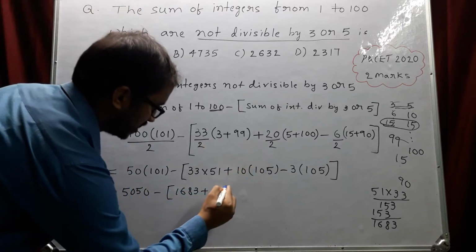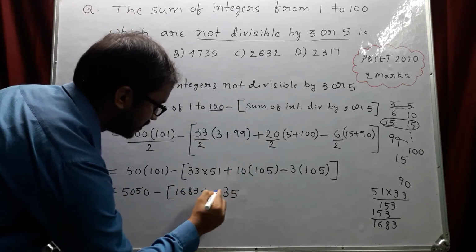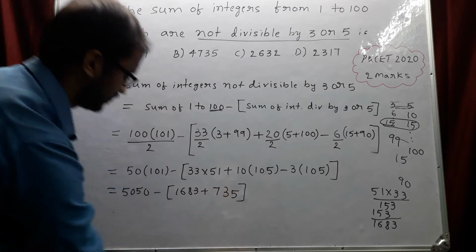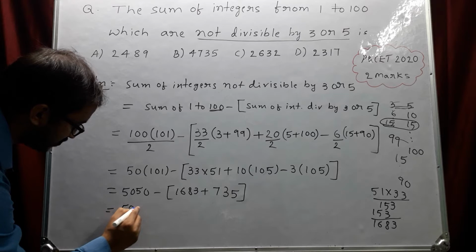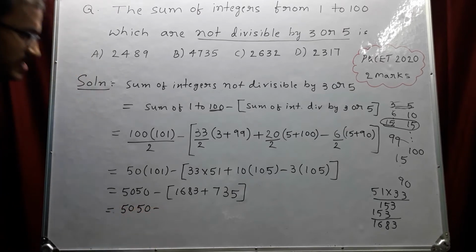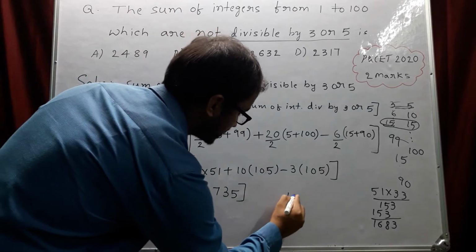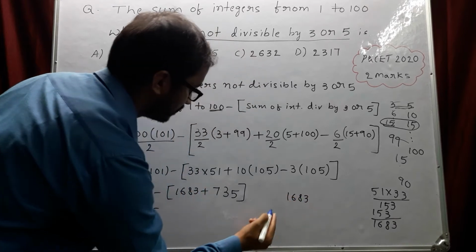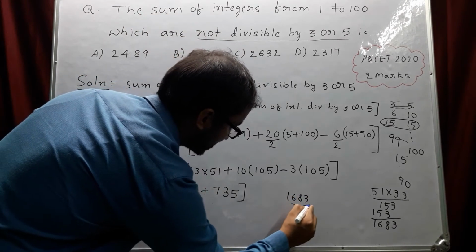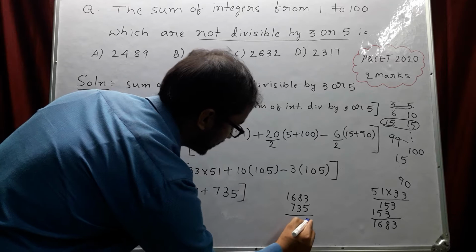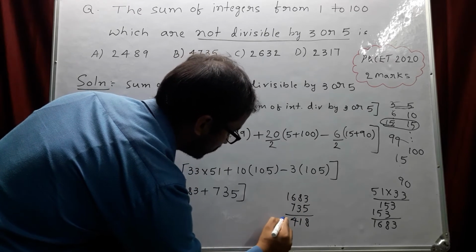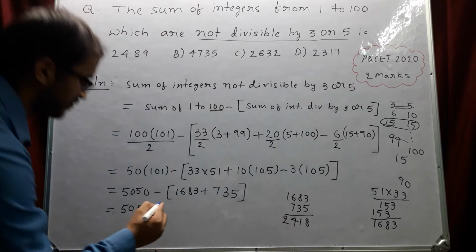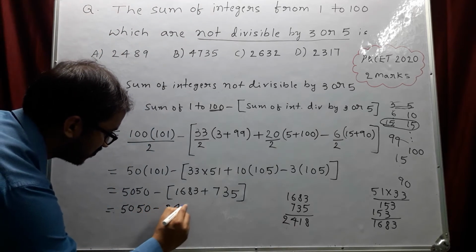So 7 fives are 35, 7 ones are 7, so that is 735. So that is equal to 5050 minus 1683 plus 735. So what are we going to get? 1683 plus 735 is 2418. So 2418.